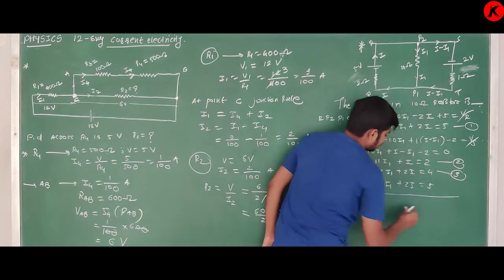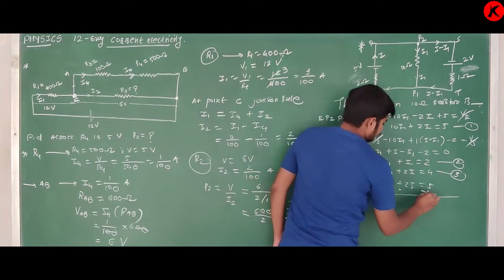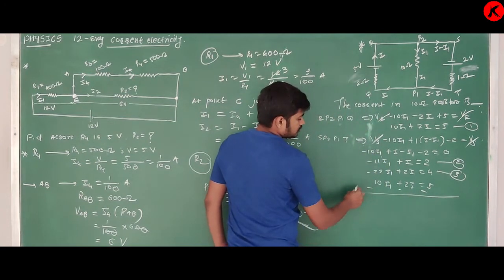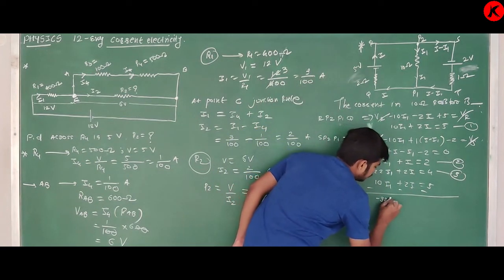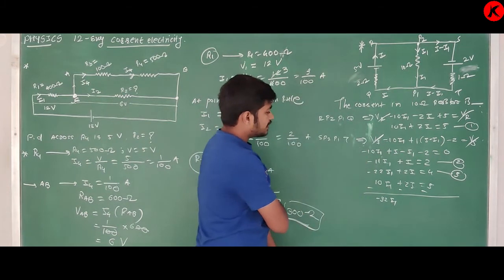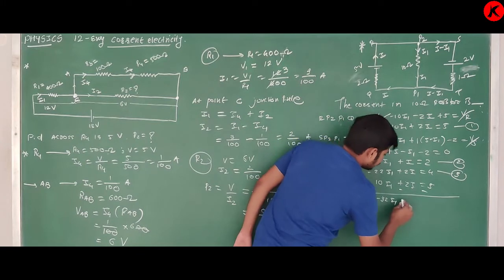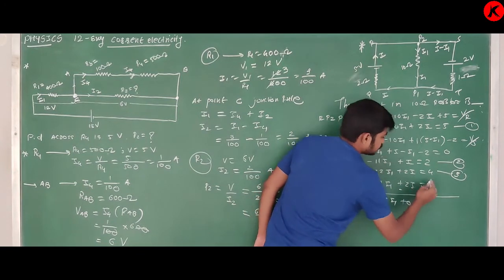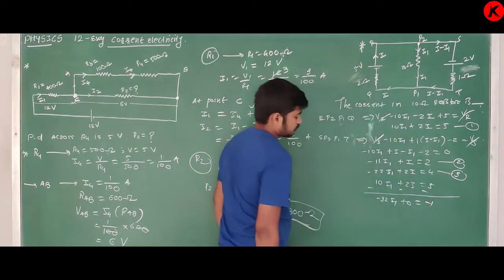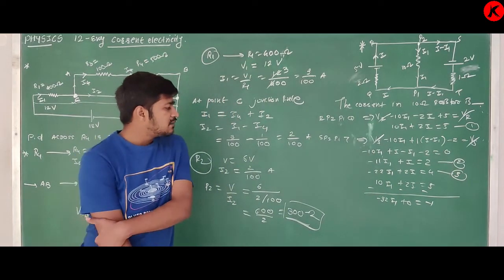Taking the subtraction, it is minus 22 minus 10, so minus 32 I1, is equal to 4 minus 5, which means minus 1.